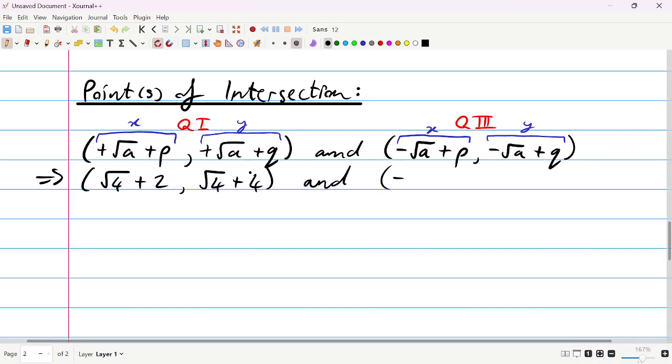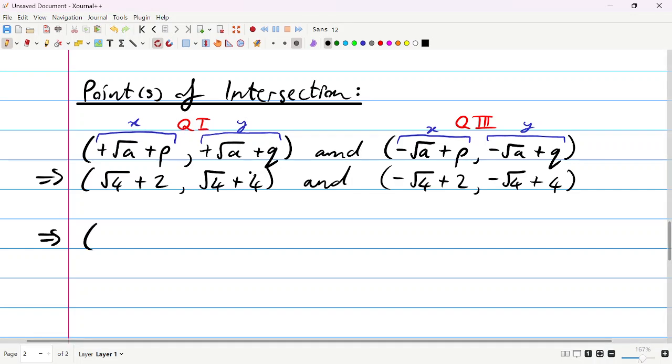And then negative square root of a, which is 4, plus p, which is 2, and then negative square root of a, which is 4, plus q, which is 4. Then from here, we just simplify. Square root of 4 is just 2, 2 plus 2 is 4.